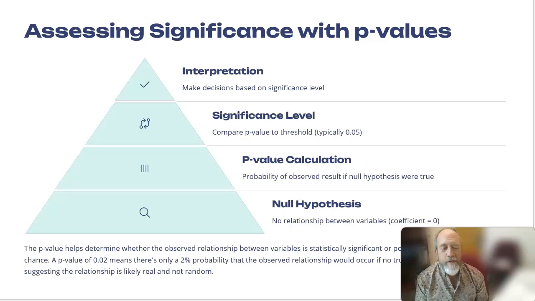Okay, it goes all the way back to the way that we were translating it before. So in the case of doing a hypothesis, if you were trying to use regression, the null hypothesis would simply be there is no relationship between the variables, okay, that the coefficient was essentially 0.